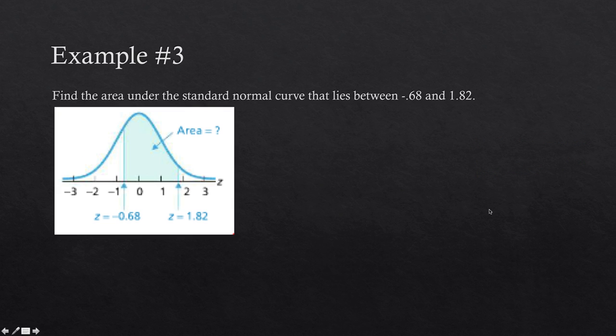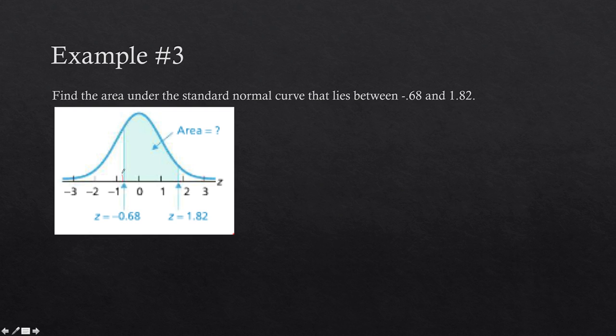All right, so now here's the tricky part. The area in between two z-scores. So we want to find this area in between. Here's what I know, okay? The table reads to the left.